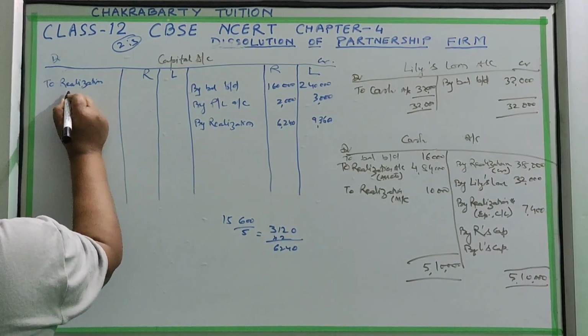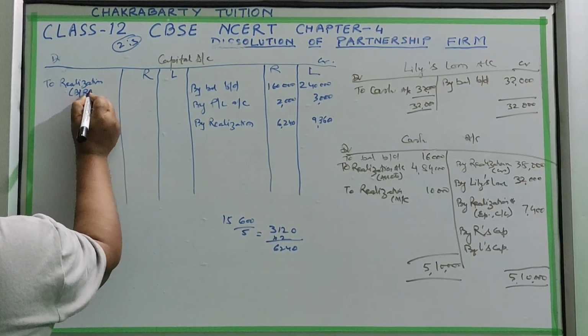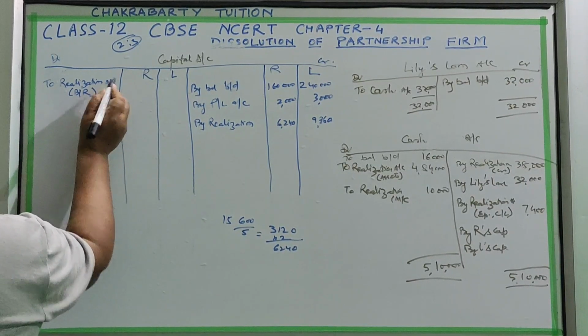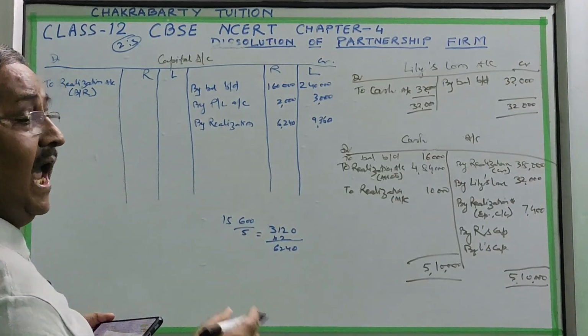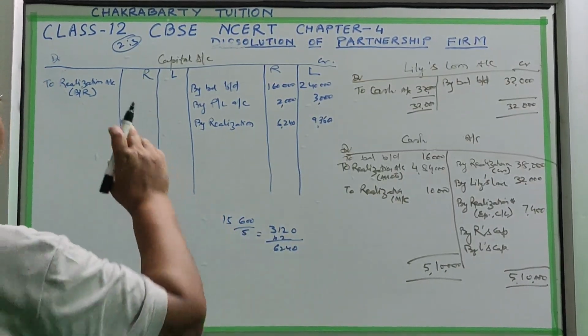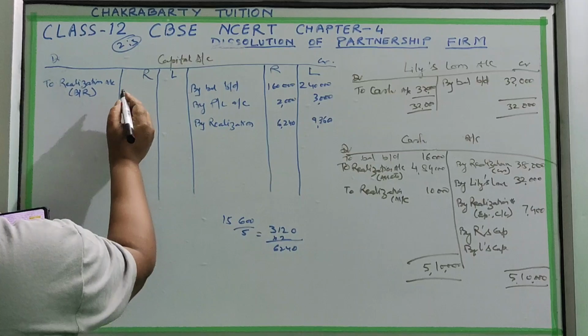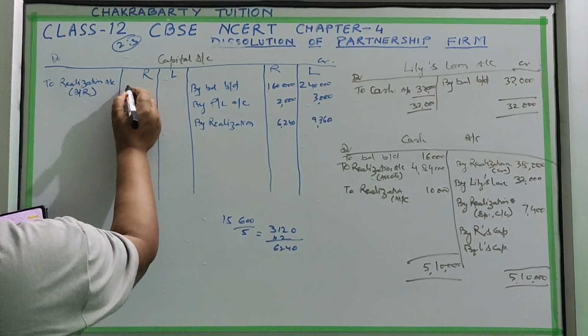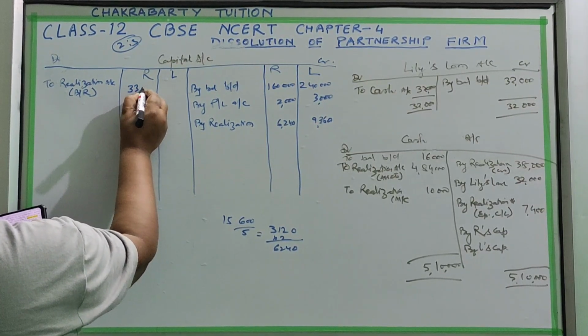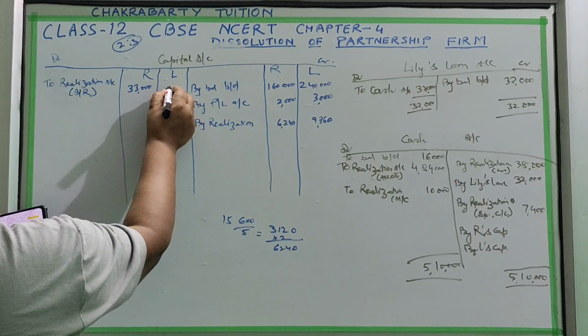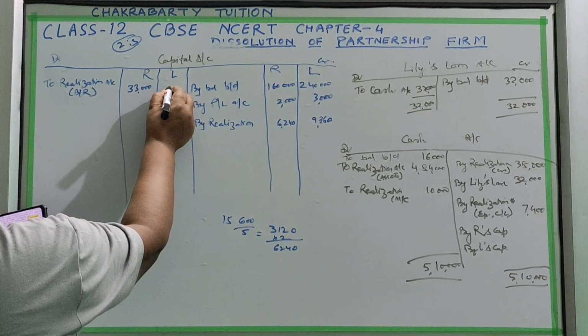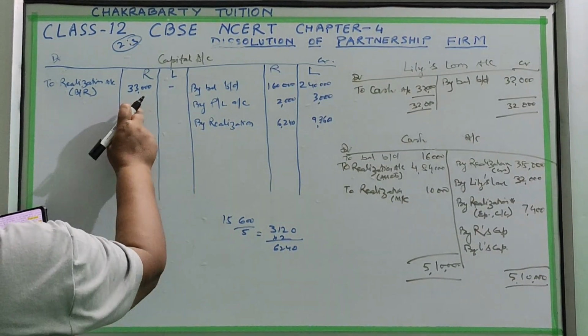We will not write BR, we will write realization account, because BR account is already transferred to realization account and it is already closed. So here we will write to realization account, 33,000, which was taken by Rose.